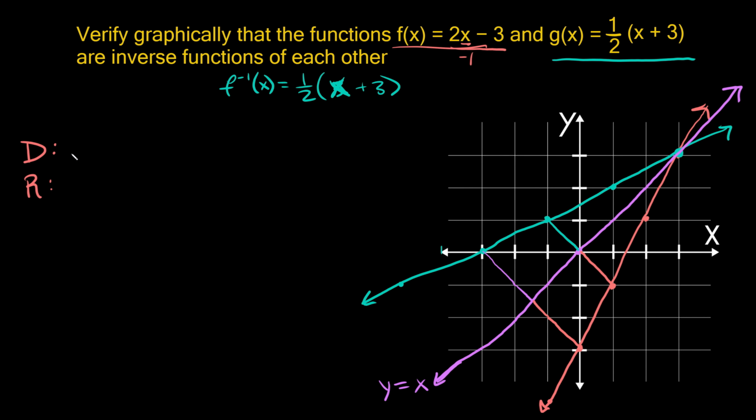And the domain and range of all linear functions is always the same. It's all real numbers, okay? Or another way you could say that is that it goes from -infinity to +infinity. Okay, either one of these work. So that means if we want to find the domain and range of the inverse function, well, it's also going to be all real numbers.